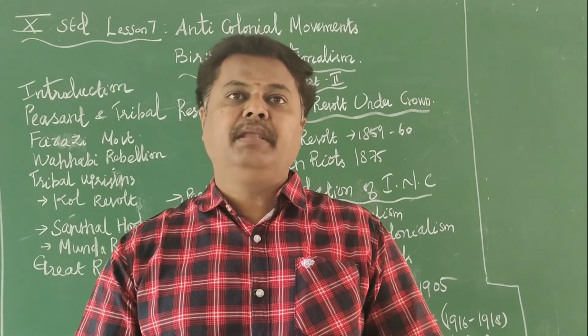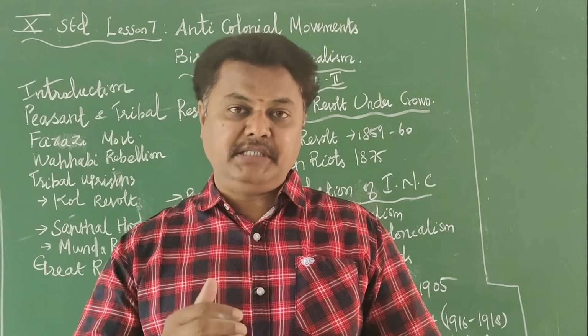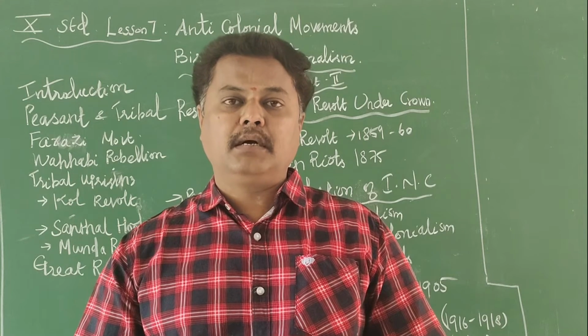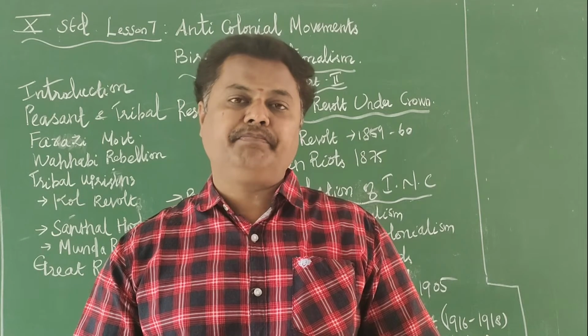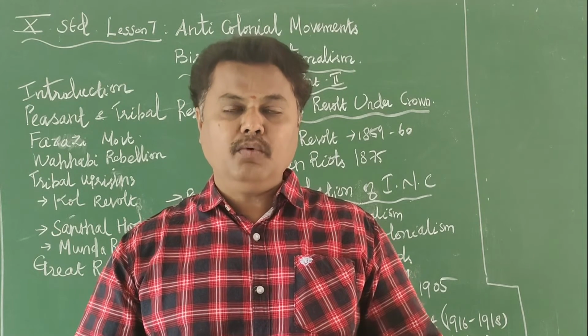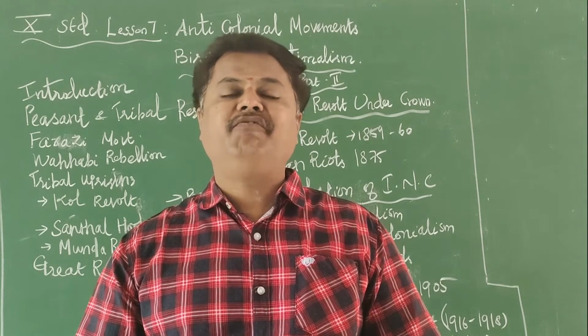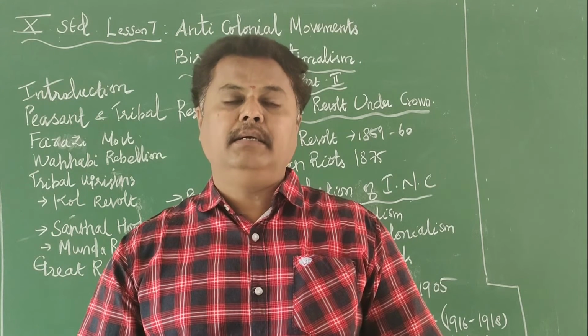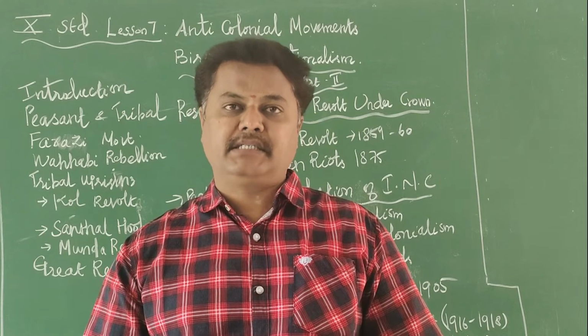And the subsequent changes in the British approach to governing India. Now we are going to discuss the factors leading to the formation of the Indian National Congress and the perspectives of the early nationalists.